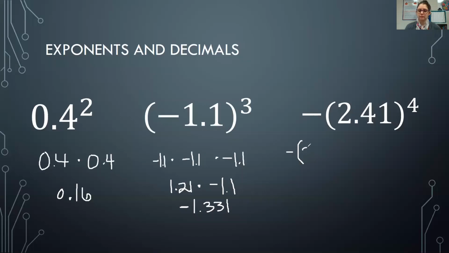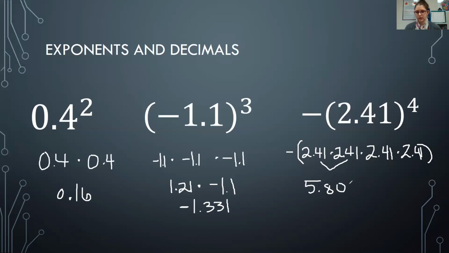So I'm going to leave it outside and not multiply it 4 times. Okay, so I have 2.41 times 2.41, which is 5.8081.